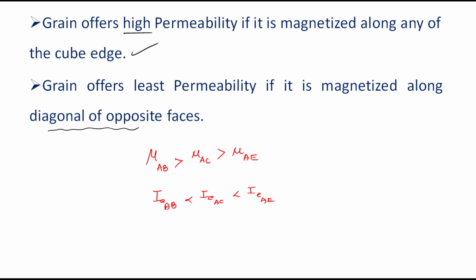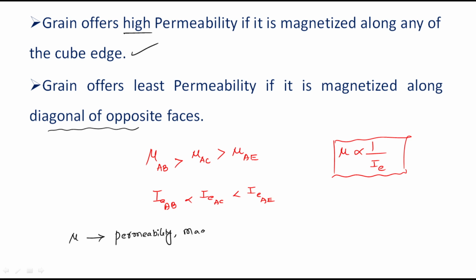These two are inversely proportional to each other: mu is proportional to 1 by I, where mu is permeability and I is the excitation current. So along cube edges we are going to get the maximum permeability.